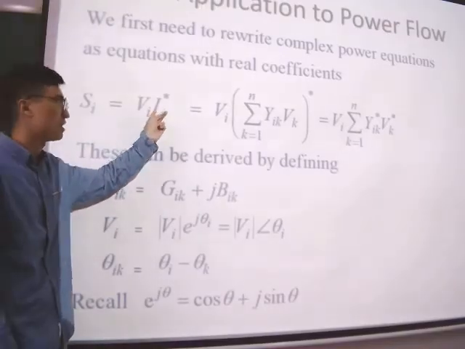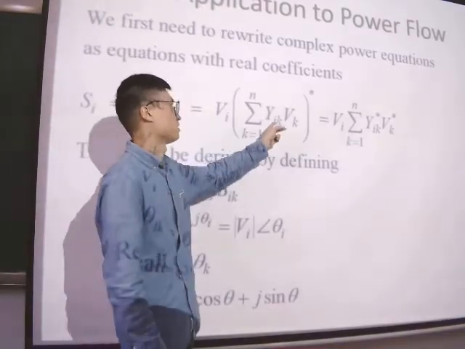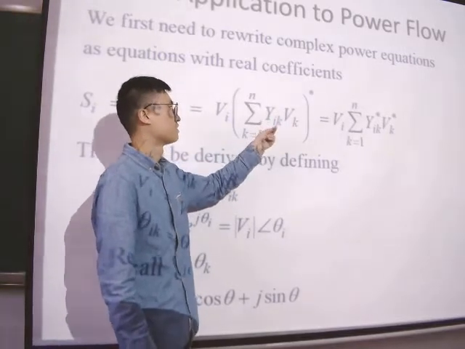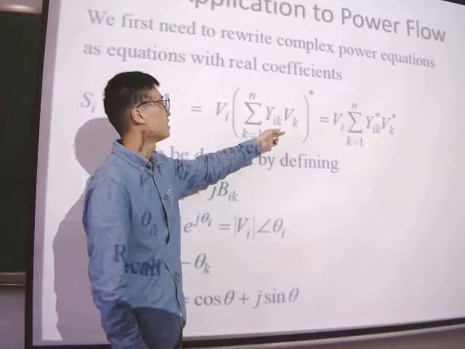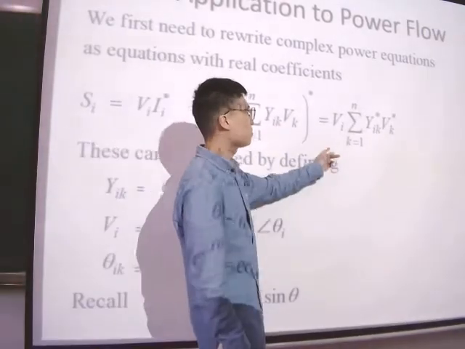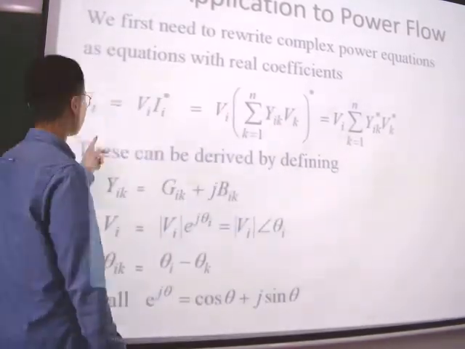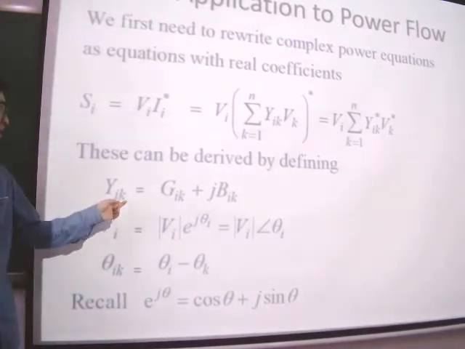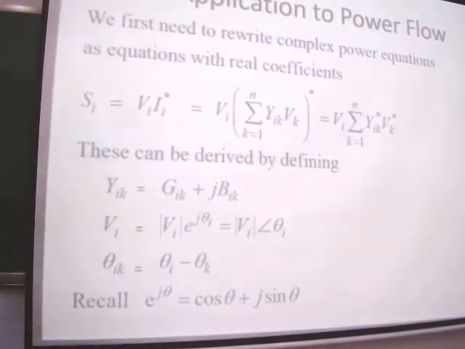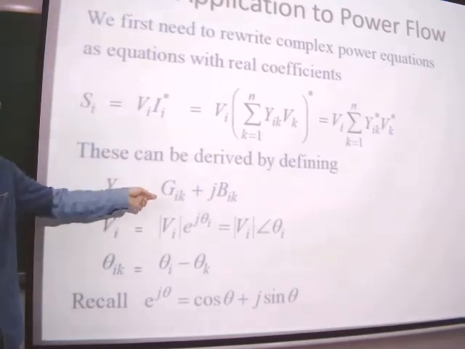Current I, right? That current is equal to the sum of the product of the admittance and the voltage. By doing so, we get the expression of the complex power and the admittance. It can be derived like this.